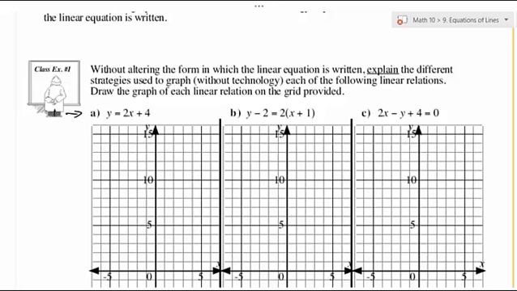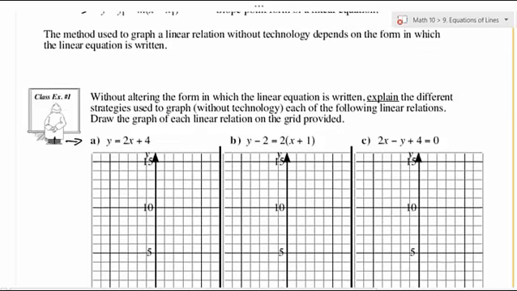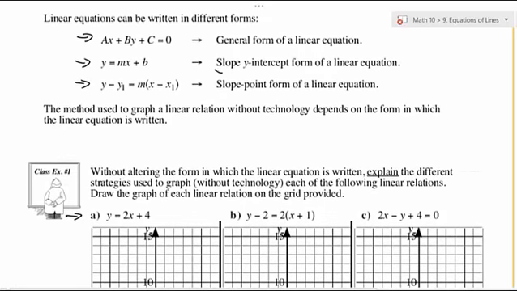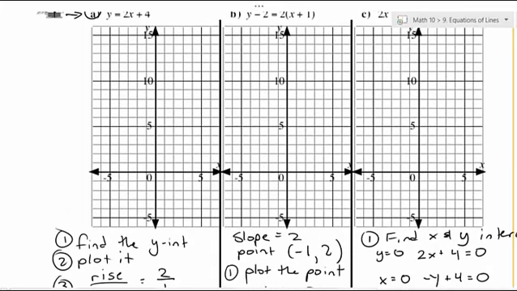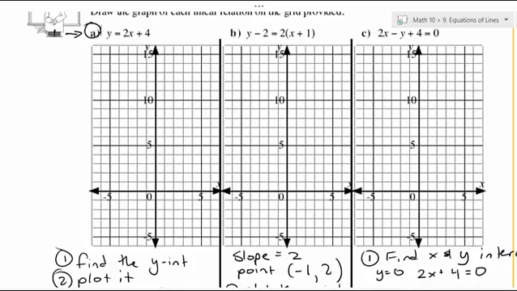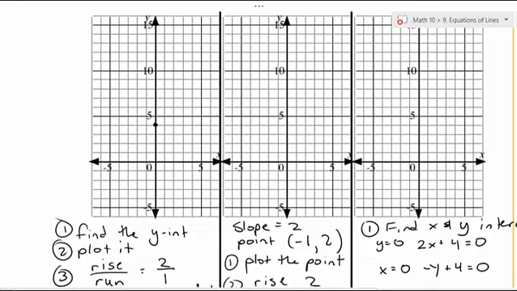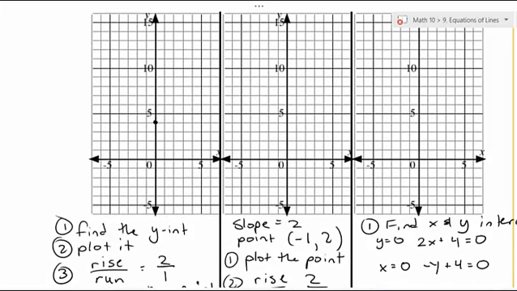The first is the y equals mx plus b here. What we have is the slope-y-intercept form, letter A. And so what we do here is we find the y-intercept. Well, it's given to us. The y-intercept is 4. So we find the 4. The second thing we do, we plot it, and then we look at the rise over the run.